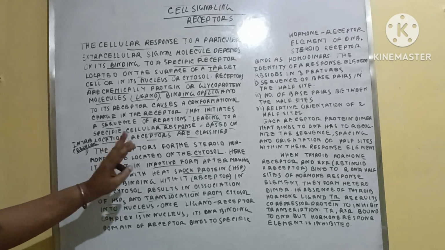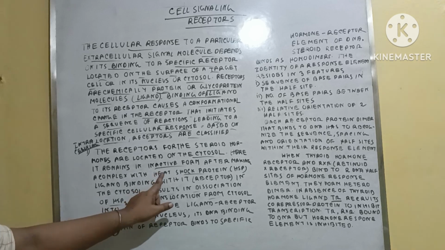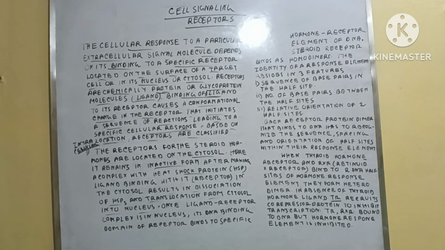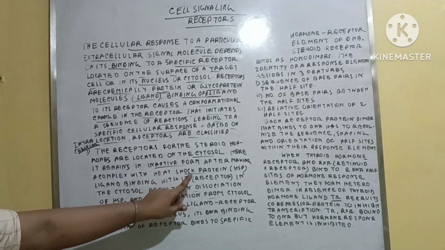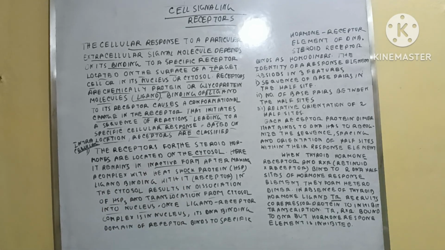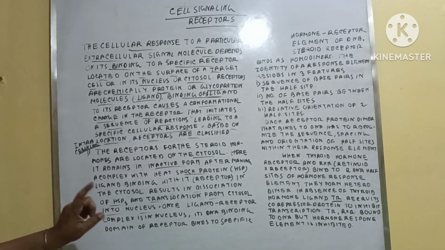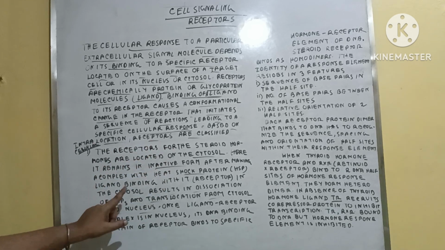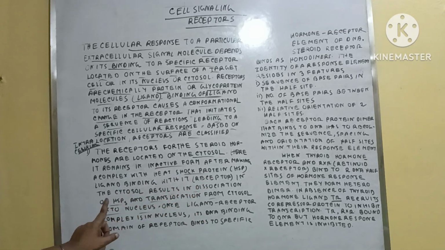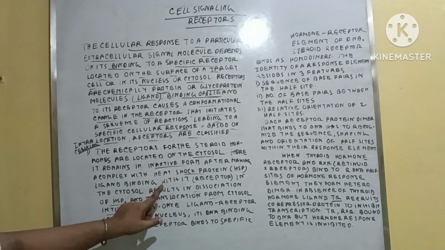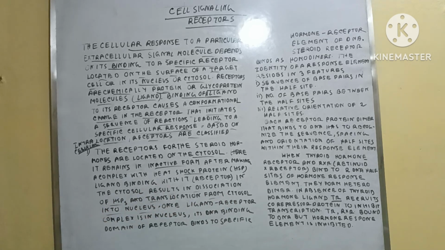First of all, three are bound with each other: one is the heat shock protein, another is the ligand, and another is the receptor. When the three make a complex, they remain in the cytosol, but when the HSPs dissociate, translocation occurs from the cytosol into the nucleus.